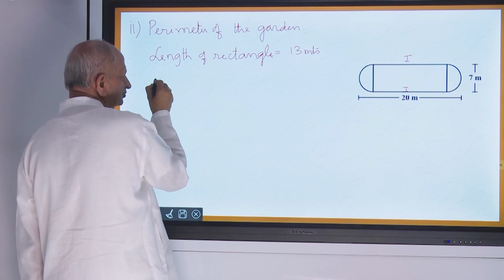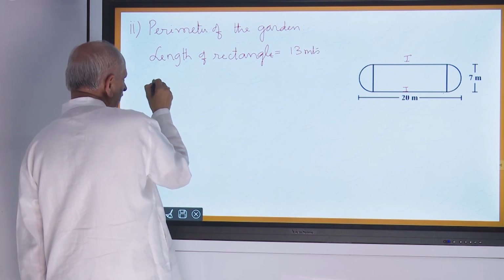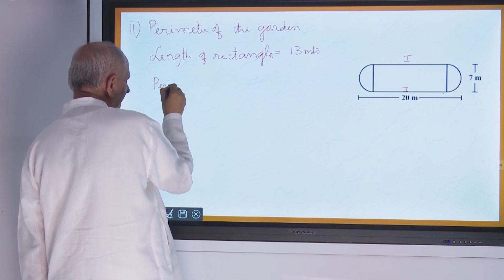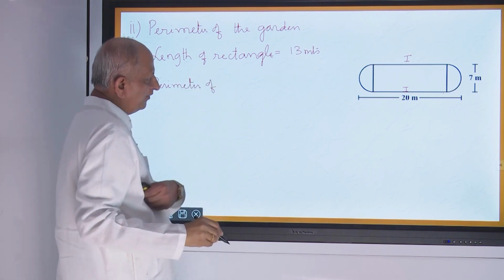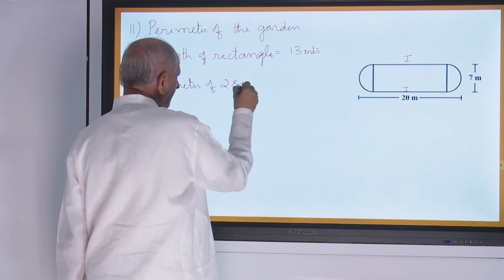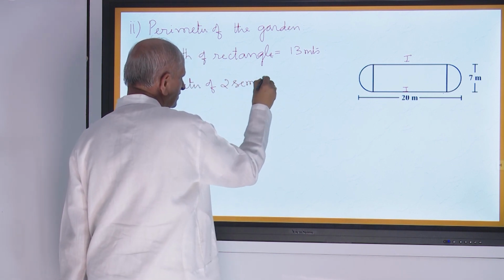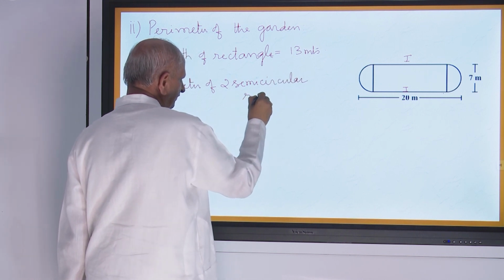And now you have two semicircular regions. So perimeter of two semicircular regions.